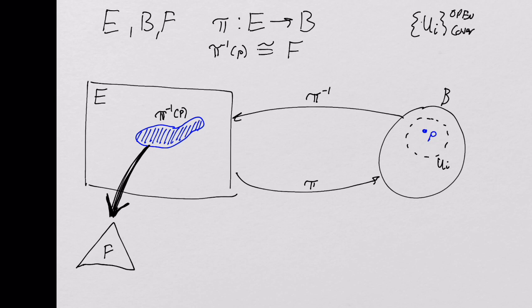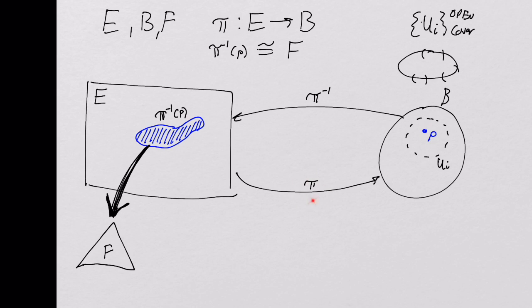Typically, in the case of the circle that we used, in the case of S1, that topology would be just these open intervals all around the circle, or that would be a base of the topology. So any open set of B, the preimage of that open set has got to be an open set of E. If that was not the case, then pi wouldn't be continuous.